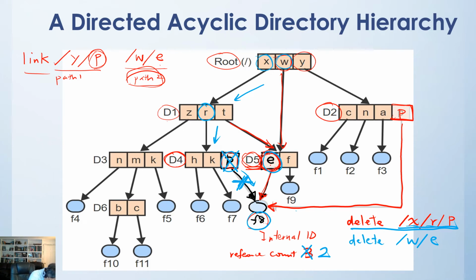So if I delete this /W/E, you're going to delete this link. But I'm not going to delete F8 as well, because F8 is still pointed to by P through directory D2. There's only one directory currently pointing to F8, so I'm going to update the count from 2 to 1.